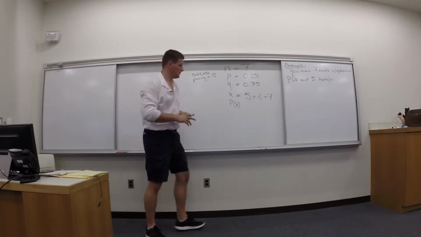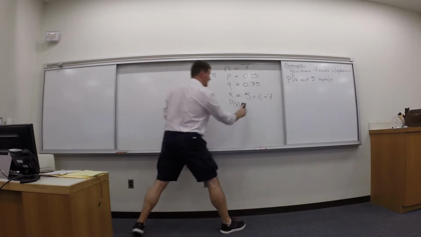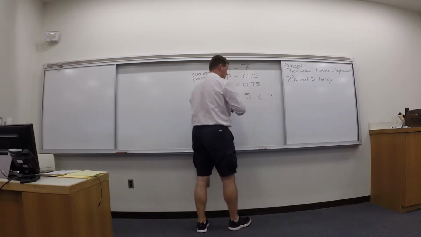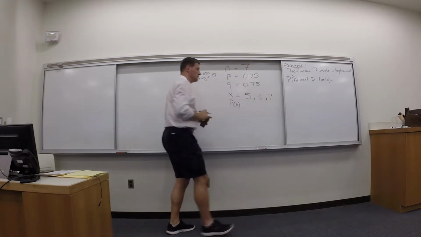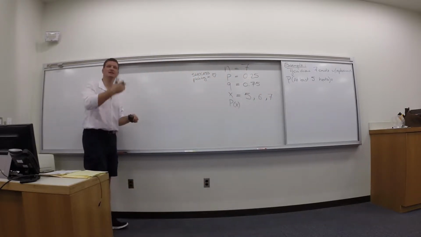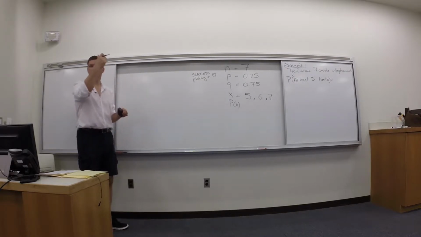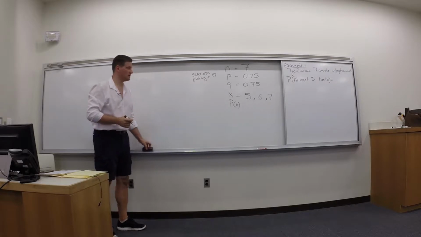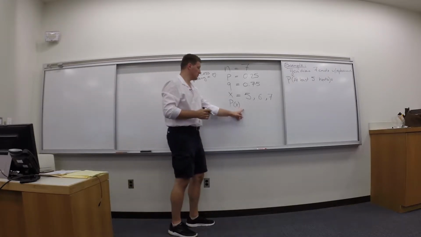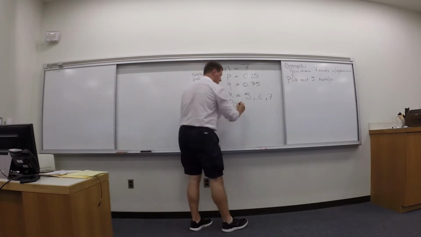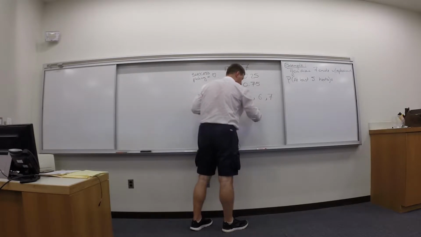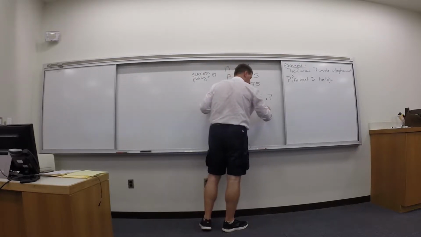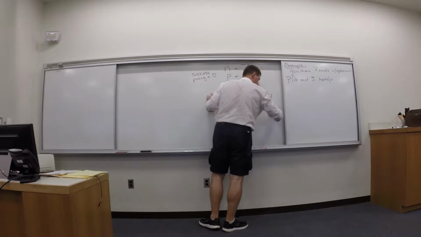Let's put commas: 5, 6, or 7. At least 5 means 5 or more. And since 7 is the maximum, it's 5, 6, or 7. So what's P of X? It's the probability of 5 plus probability of 6 plus probability of 7.